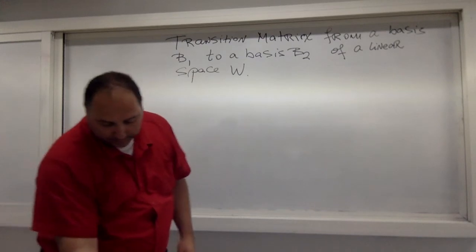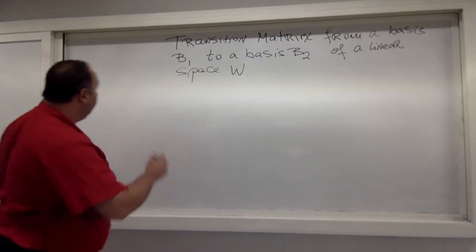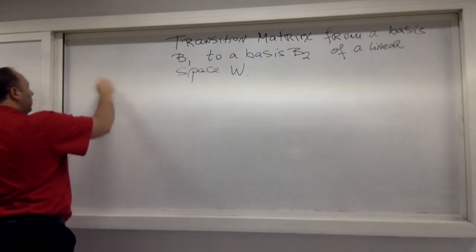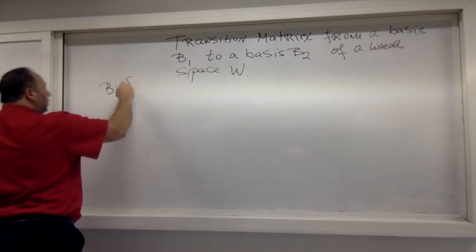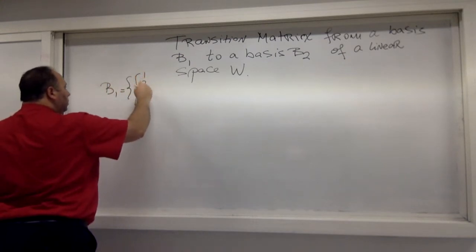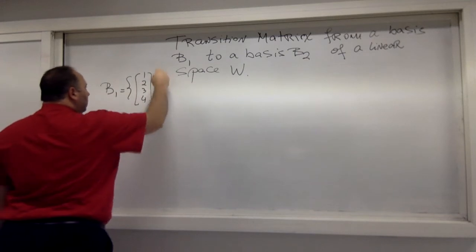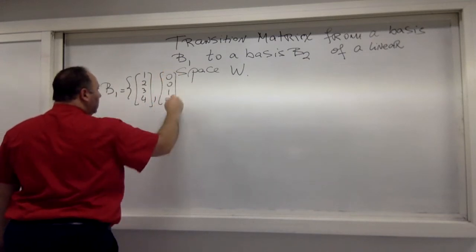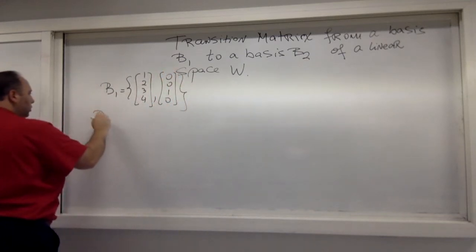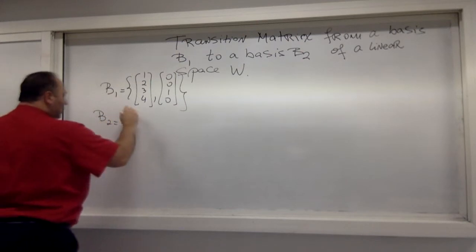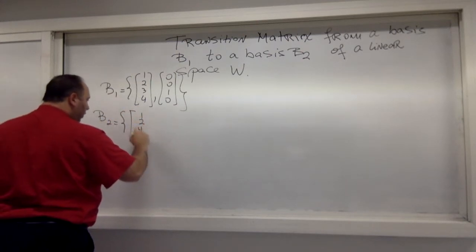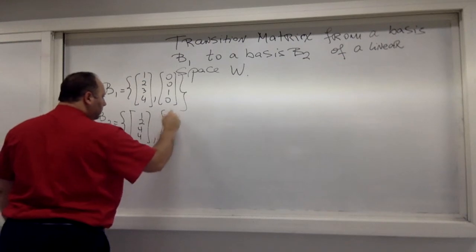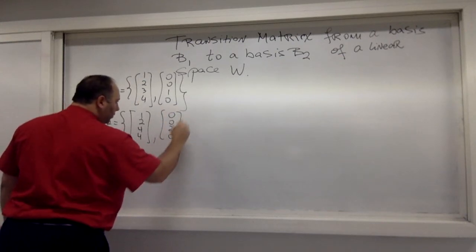Here it is. So again, my bases B1 and B2, just to remind. B1 is (1, 2), (3, 4) and (0, 0), (1, 0). So B2 was (1, 2), (4, 4) and (0, 0), (2, 0).